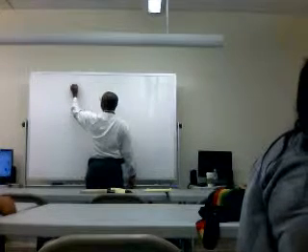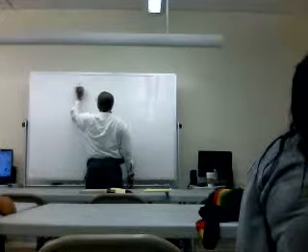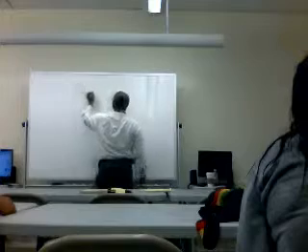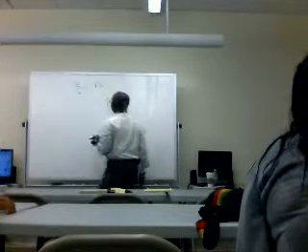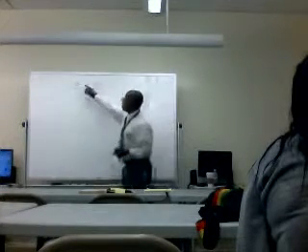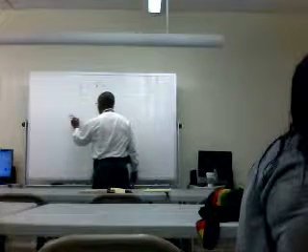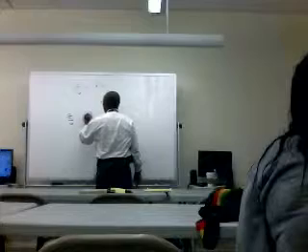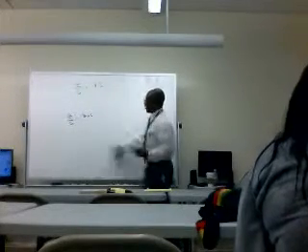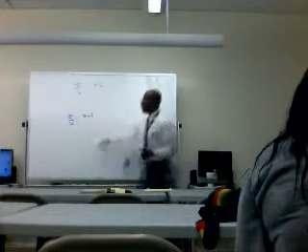Okay, so sometimes we'll have something like this. Z/6 equals 13. Okay, we know from the last example that Z/6 is the same thing as Z divided by 6, all right? The opposite of division is multiplication.